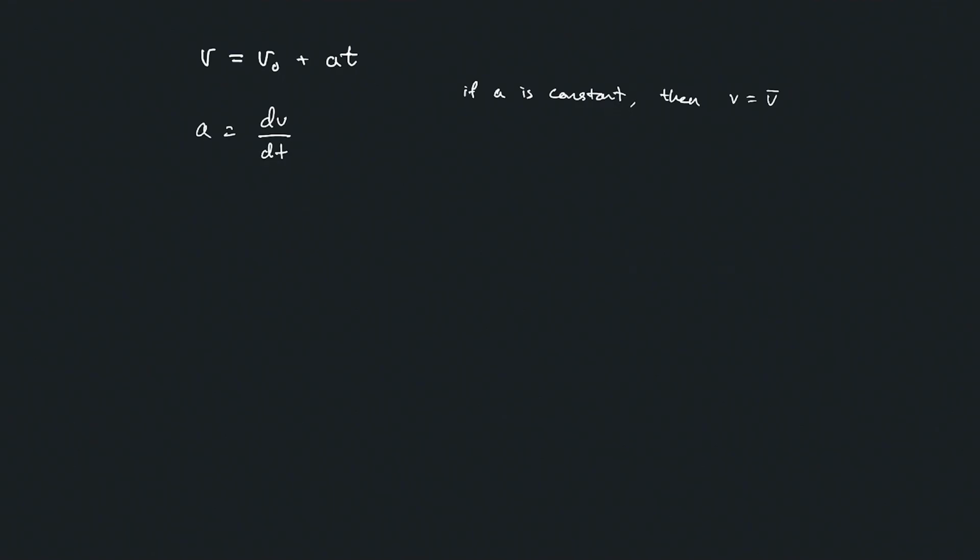Okay, so that means we can just set a equal to v minus v0, final velocity minus initial velocity, over the time interval. And throughout these kinematic equations, we're just going to let initial time equal 0. So that means we're just going to have t in the denominator instead of t minus initial time.